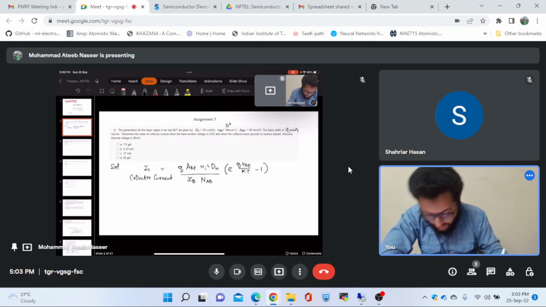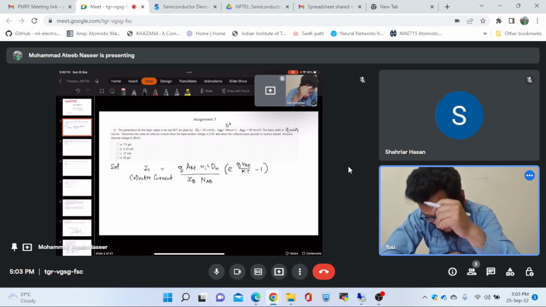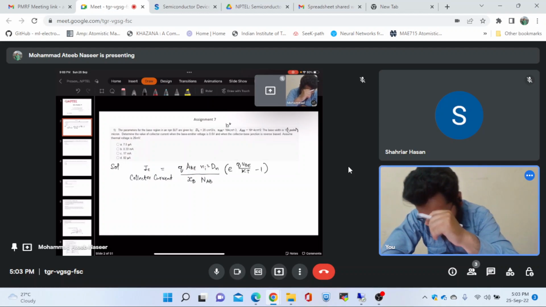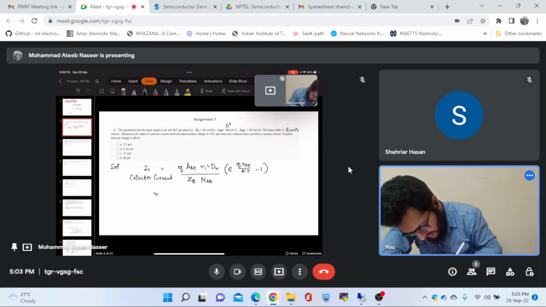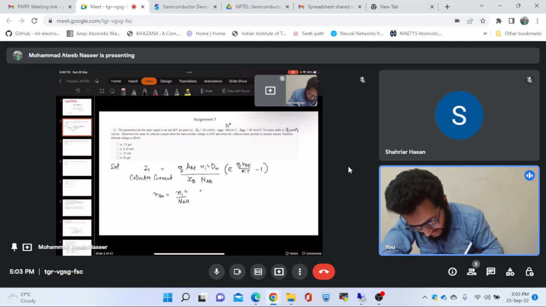Since we require this collector current to be found, we need to see what values are present. This NB naught is given, and we know NB naught is equal to Ni square by NaB, which is the minority carrier concentration in base.